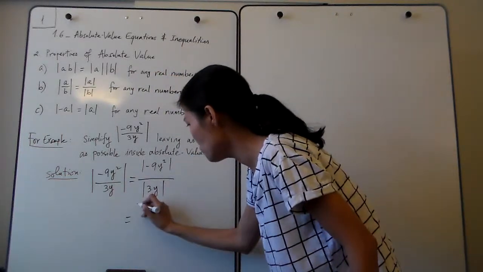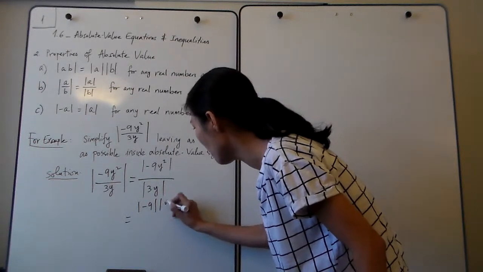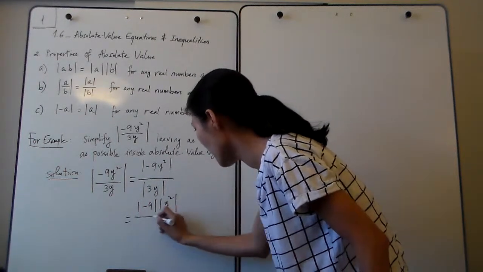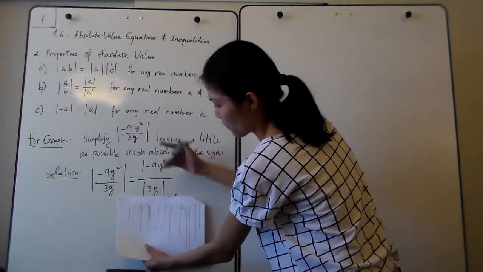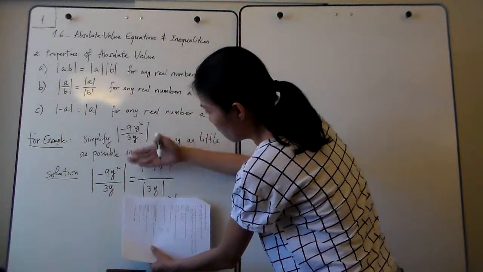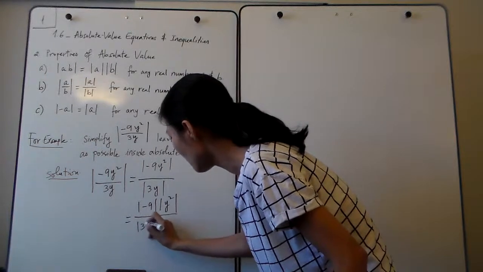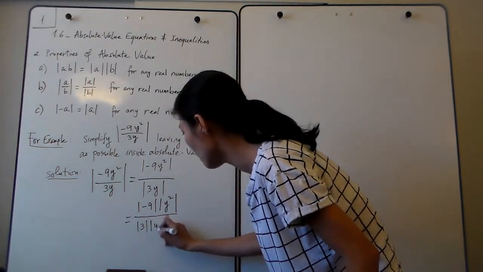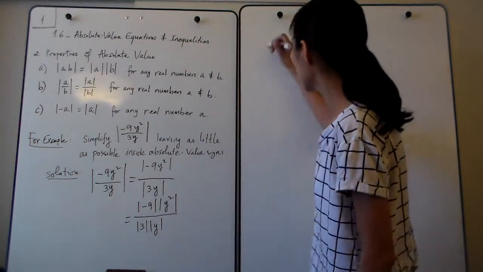So if you're using the first property, you will split the constant and the variable. And similarly, for the denominator, you're using the first property, right? Multiplication, you will split the constant term and the variable term. Simplify further.